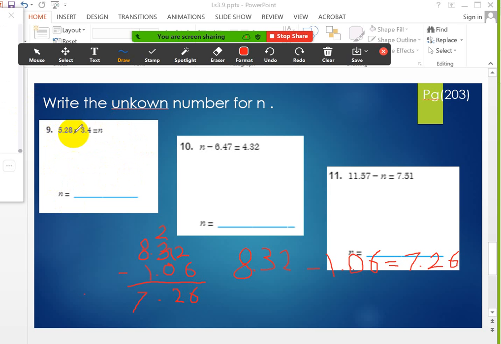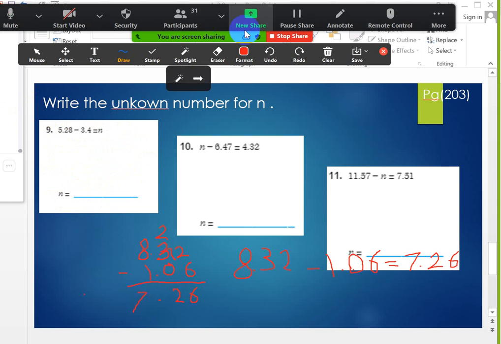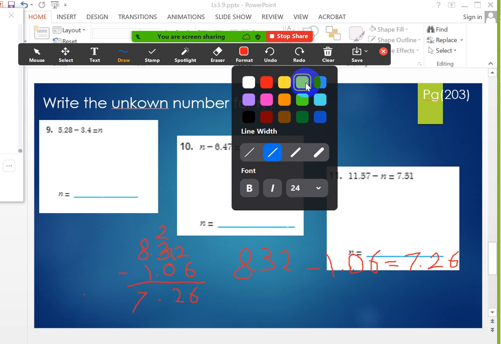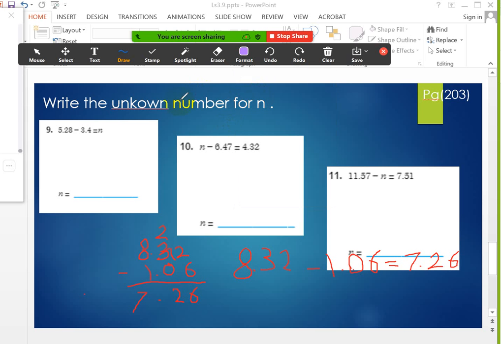So the first one will be easy for you. Let's find the answer for this subtraction. If I order the numbers like this, 5.28 and subtract 3.4 from this number.